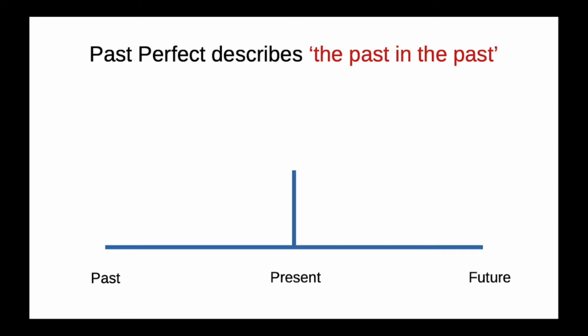So, primarily, we use the past perfect to express an action in the past that happened before another action in the past. So just like the past perfect continuous tense, the past perfect is another verb tense that describes the past in the past. And I want you to remember this phrase because it really simplifies things.